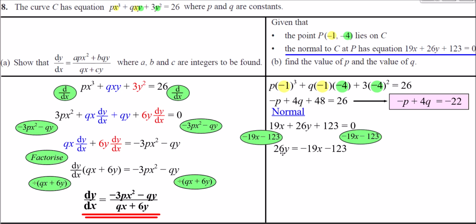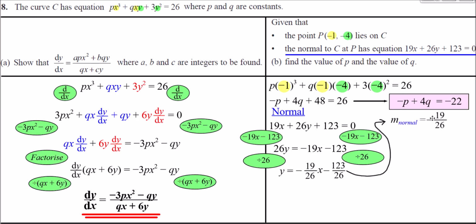Then if we divide everything by 26, we now can see in the form y equals mx plus c that the normal has equation y equals minus 19 over 26 x minus 123 over 26. So, quite clearly, that means that the gradient of a normal is minus 19 over 26. I'm running out of space, I'm just going to pop this over here now. So, the gradient of a normal, minus 19 over 26.